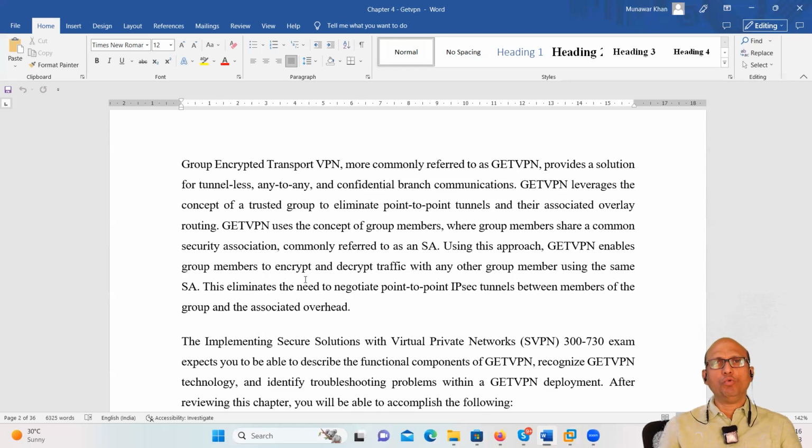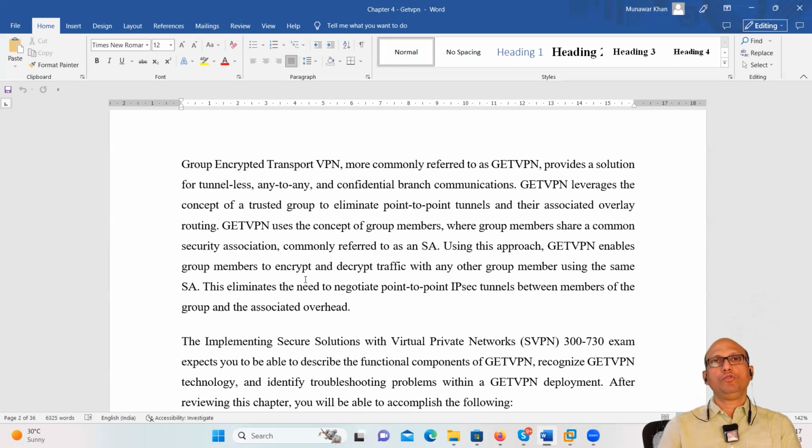Now you must be thinking, who is the group member? Definitely, suppose I am having 100 branches and a head office. So all of these will be part of a group. Head office and branch offices will be part of a group, and they are going to form the same SA. SA means security association.